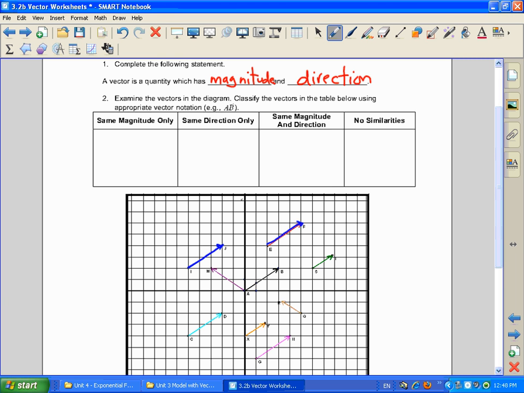Okay, so we have IJ with an arrow on it, and EF. Okay, so those have the same magnitude. Do we see any others that match that case? Hopefully you'll notice AB is exactly the same. Okay, and CD is also the same. Okay, and looking at GH, GH is also the same.